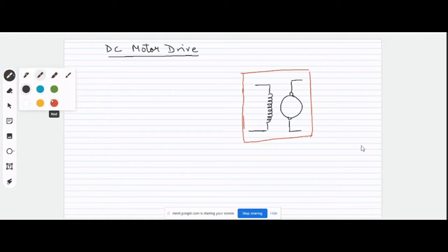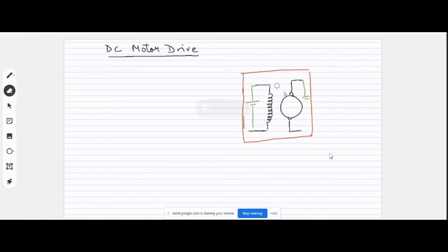If it's a separately excited machine, we have to give a supply over here and a supply over here as well. Let us forget how we are controlling it, but yes, we will have a DC motor.